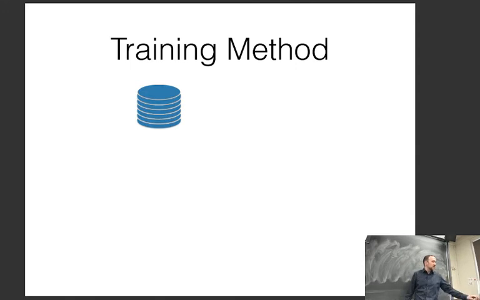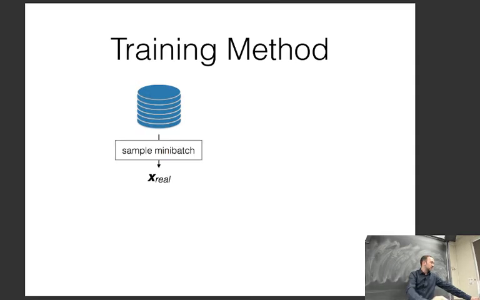So basically, the training method here is we have our big database. Right now, I'm going to talk about a regular generative model, not a conditioned generative model. We have a database of training examples, maybe sentences in English. From this, we randomly sample a mini batch, a mini batch's worth of sentences, and that gives us X real.